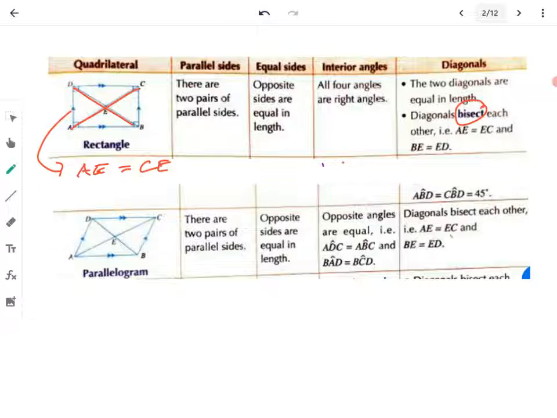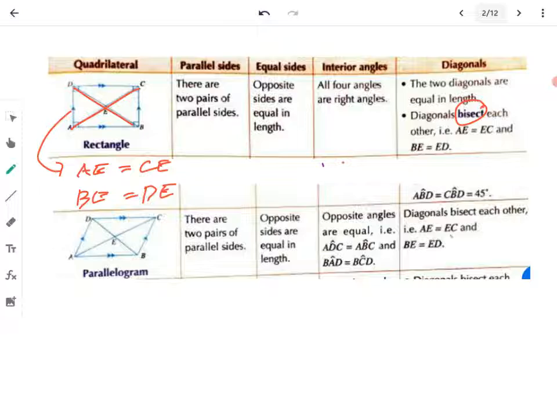Vice versa, the diagonal AC also bisects the other diagonal, BD. That gives us the conclusion that BE is also equal to DE. So the diagonals bisect each other.